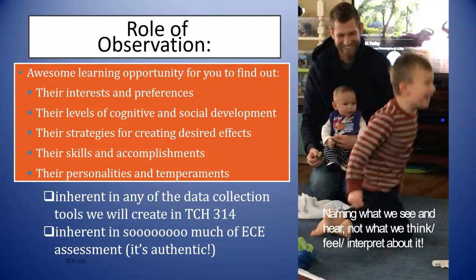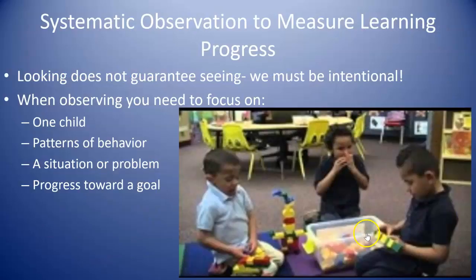The challenge sometimes with observational assessment is that it can be very subjective, which means that we might look at one situation and what we document is our interpretation of what's happening, not actually what we see and hear. So we want to try to focus our observations on naming what we see and hear, not what we think and feel.